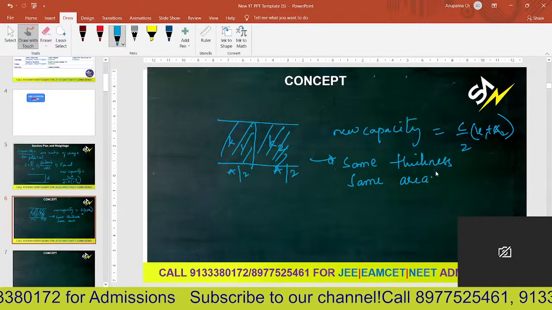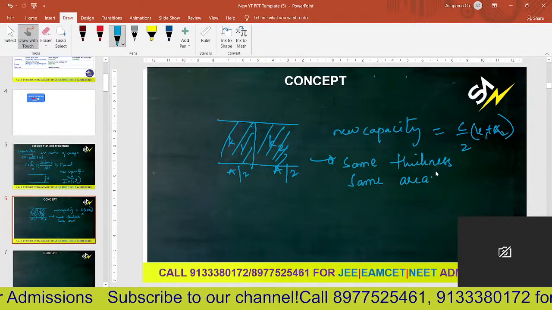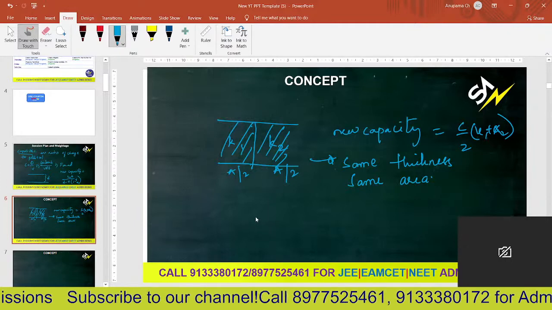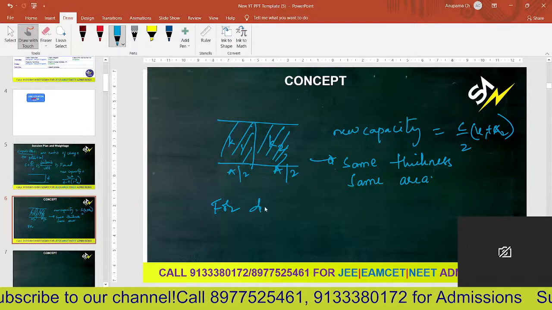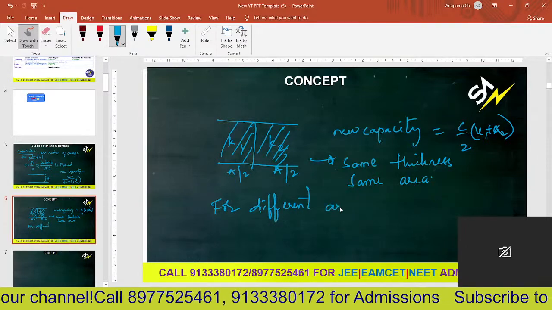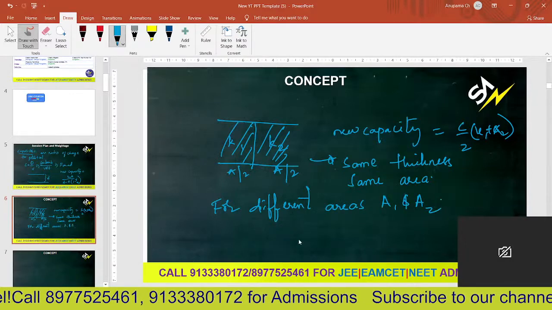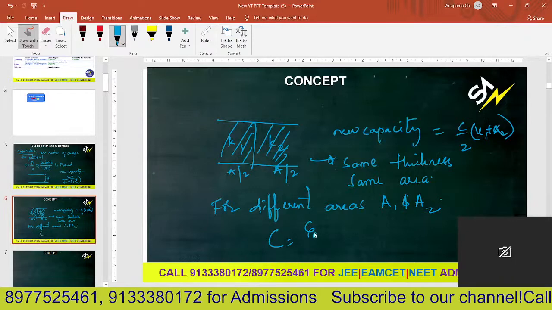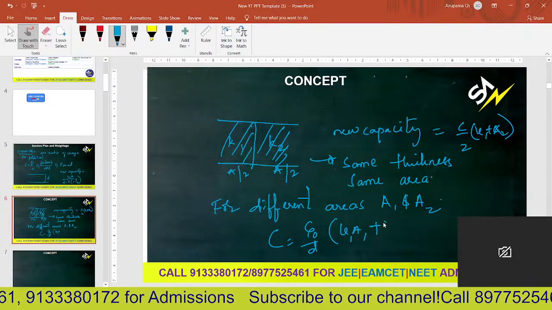Now, if I am taking two different slabs of different areas, A1 and A2, then the new capacity is given by C equals epsilon naught by d into K1 A1 plus K2 A2.